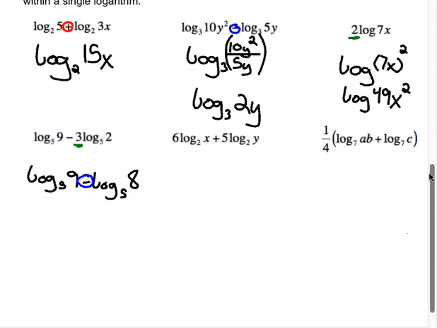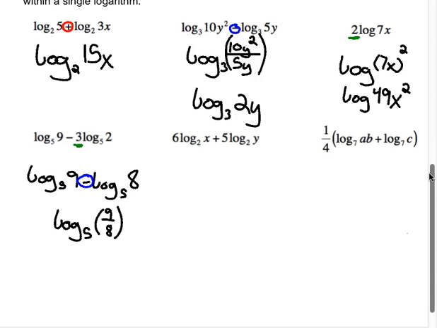That subtraction relates to division. So to write this completely condensed, log base 5 of 9/8. Okay, so these really only have those 2 steps. Okay, now let's move on to the next one.